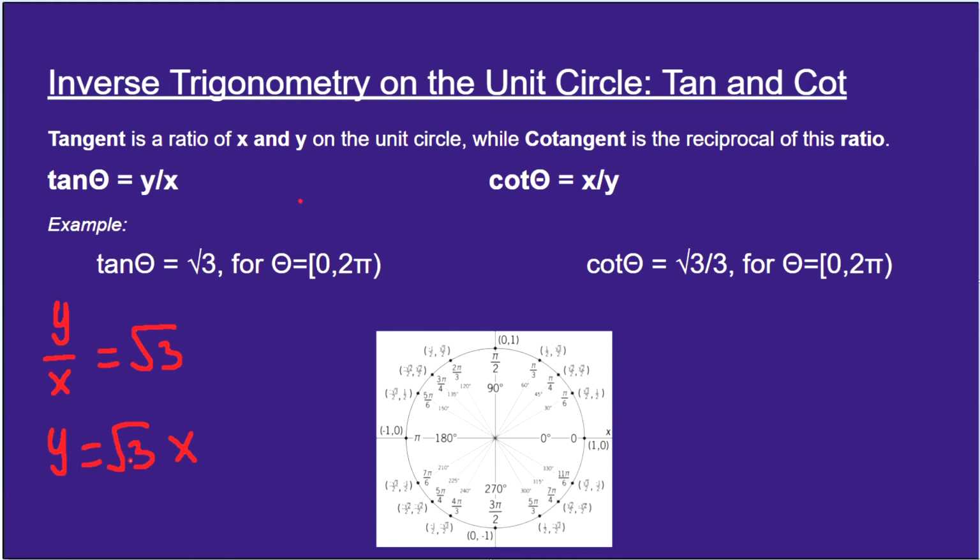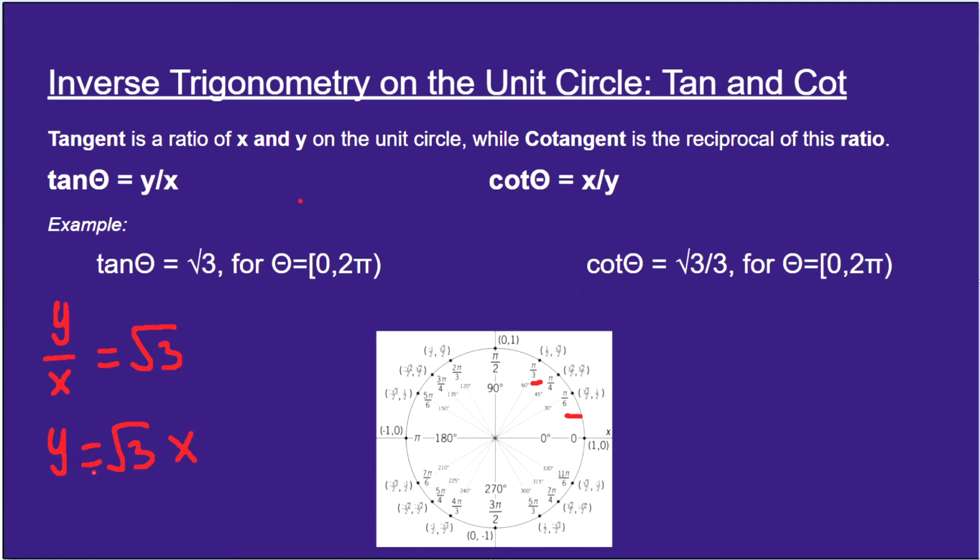If y is going to be the square root of 3x, then what I can observe, y'all, is that essentially y is equal to whatever x equals with a square root 3 multiplied. So if I look around the unit circle, I can see, well, where are my square root 3's? It's here at like pi over 6 and 3 pi over 6, right? Which one has y having square root 3 though, right?